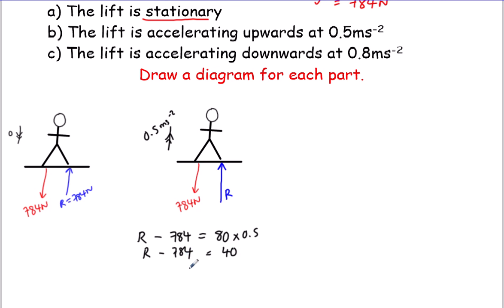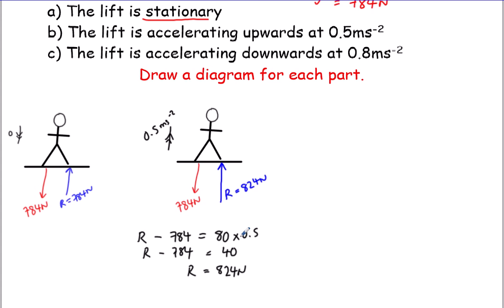If we bring the 784 over to the other side, 784 plus 40 is 824. So the reaction force is 824 newtons. Okay, now, if you want to work that out as an equivalent sort of mass, that's equivalent to his mass increasing to 84 kilograms.